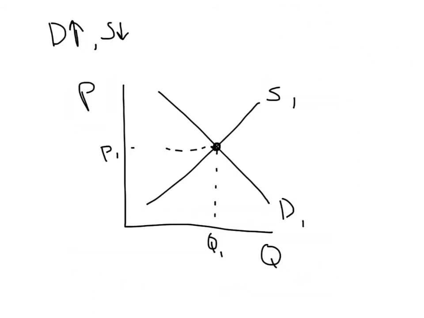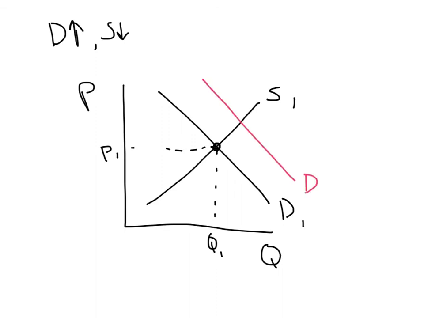We begin the problem with the same idea from the last chart. Demand increases, supply decreases. So here's our original equilibrium point, our equilibrium price, our equilibrium quantity. Now, it might be easier, especially at first when you're graphing these, to use a different color so that you know where the new equilibrium point is going to be. Because we shift both curves, we're going to have to use both of the new curves to find our equilibrium point.